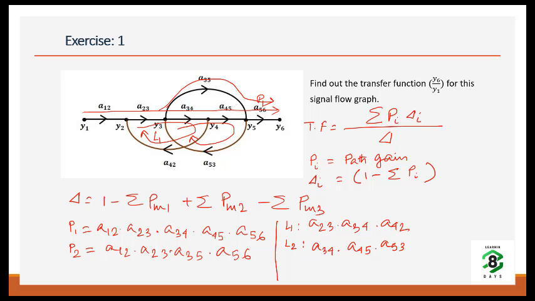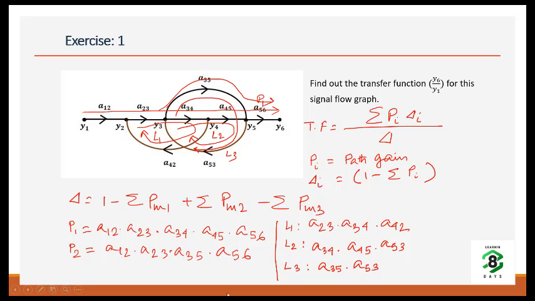And the third loop is L3, which starts from y3, goes directly to y5 and comes back. So this is another loop, L3, which is a35 and a53.